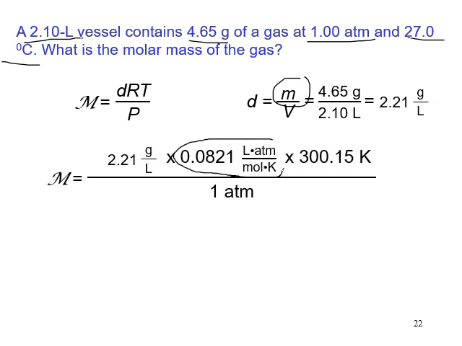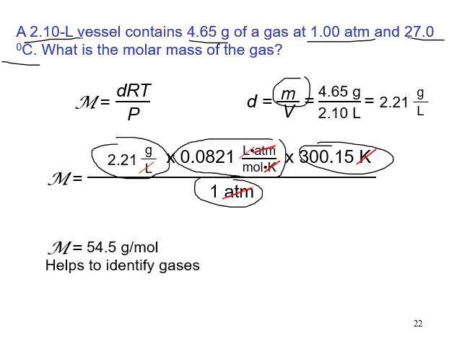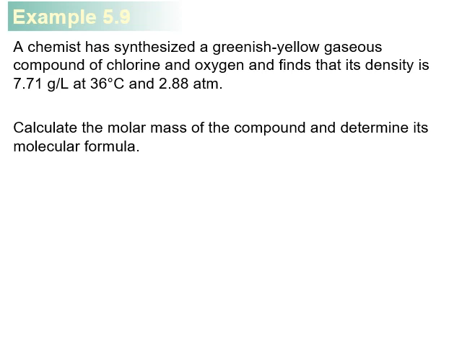This is your gas constant, this is the temperature, this is the density of the gas, and this is the pressure surrounding the vessel. So if you do all your canceling, you end up with a certain molar mass of a gas, and it helps to identify gases if you didn't know what it was.